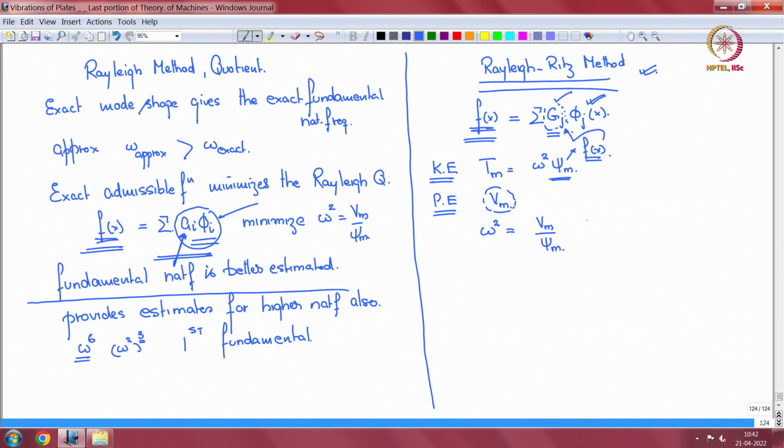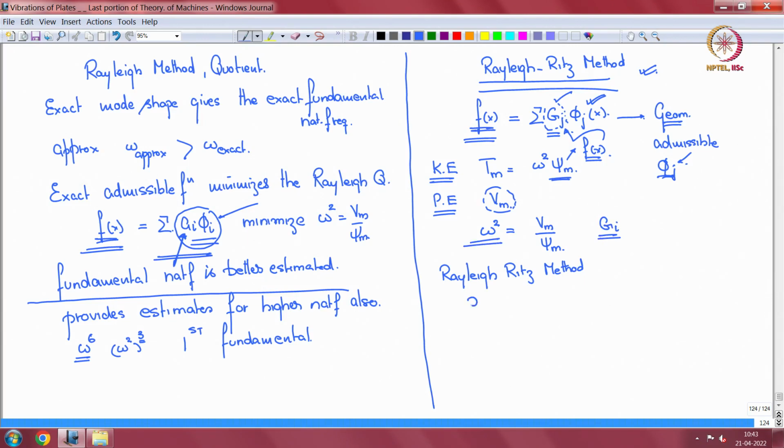Now what is the Rayleigh Ritz method? The phi j's have satisfied the geometric conditions, so they are admissible. That means each one of these phi j's is admissible. The Rayleigh Ritz method now says that we are going to minimize this omega m square with respect to the g i's.